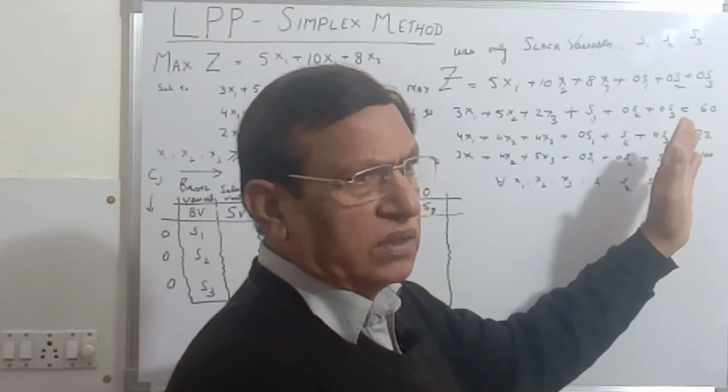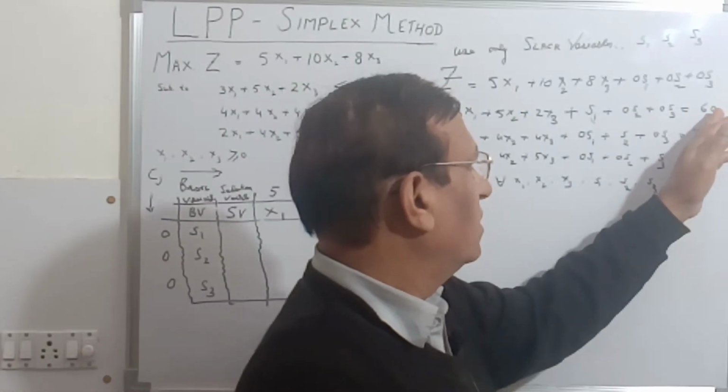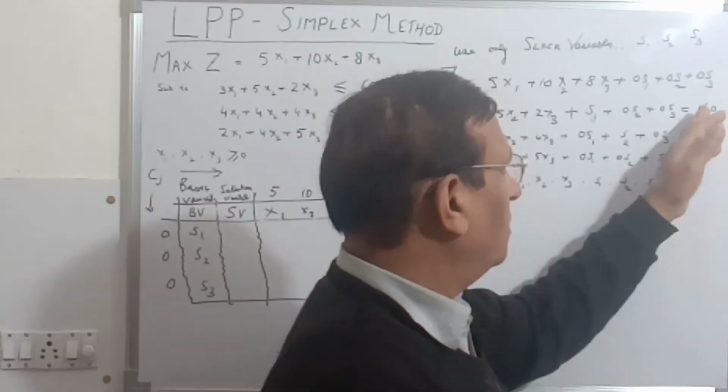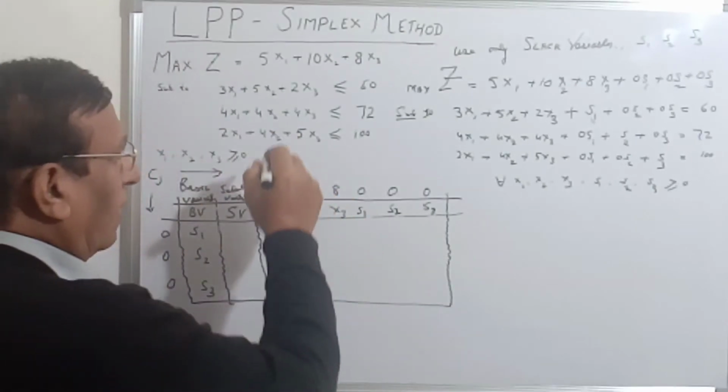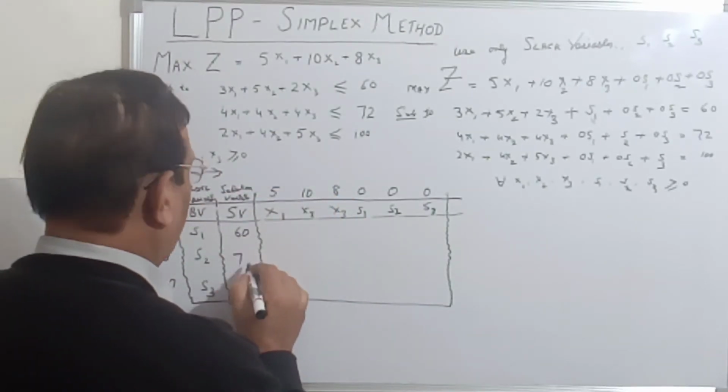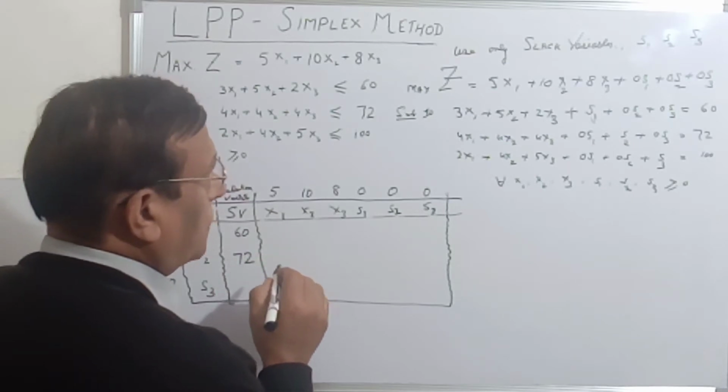These are constants, known as solution variables, decision variables. So this is 60, 72 and 100.